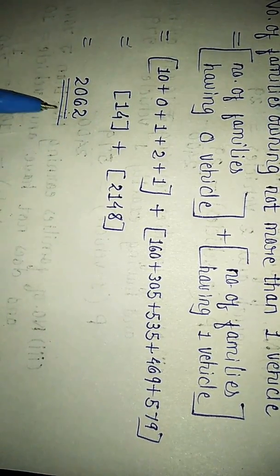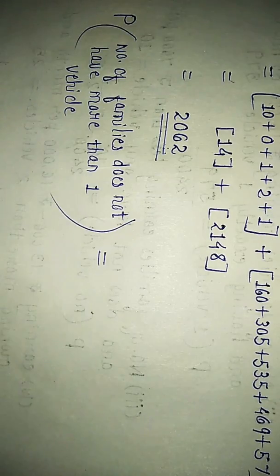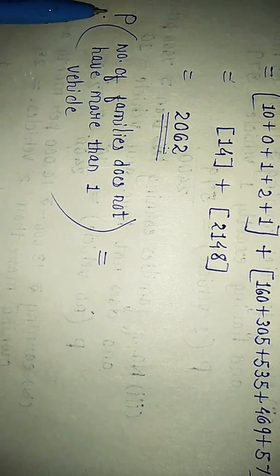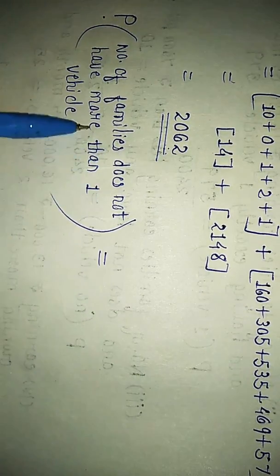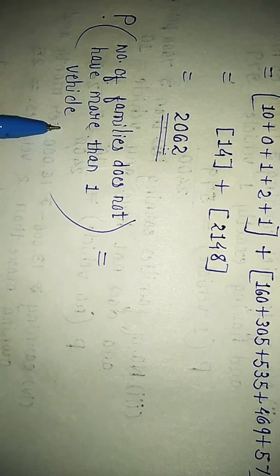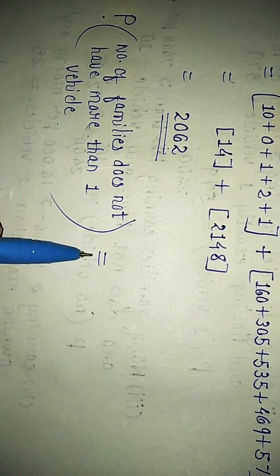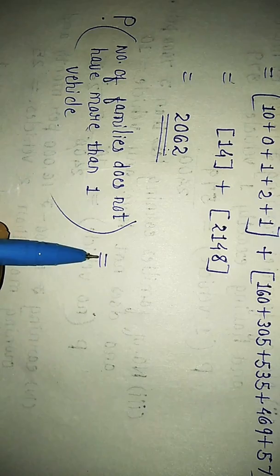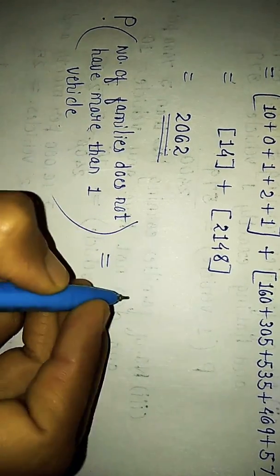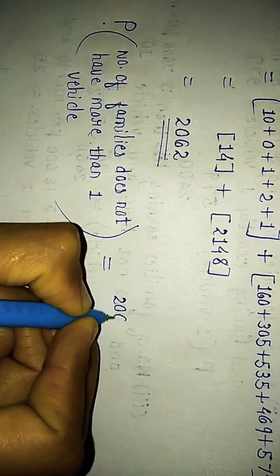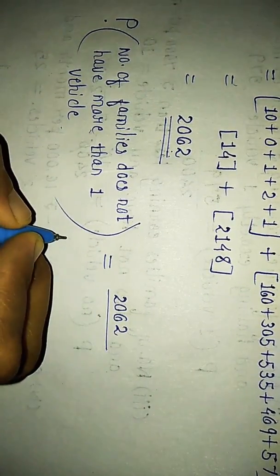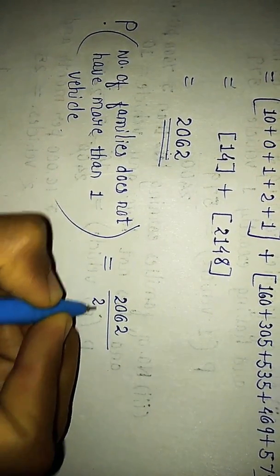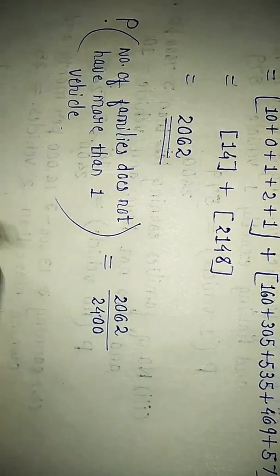Now we will find probability. So, the probability P of number of families does not have more than 1 vehicle, that will be equal to number of trials in which event happened, which it is 2062 divided by total number of trials, which are 2400, total number of families.